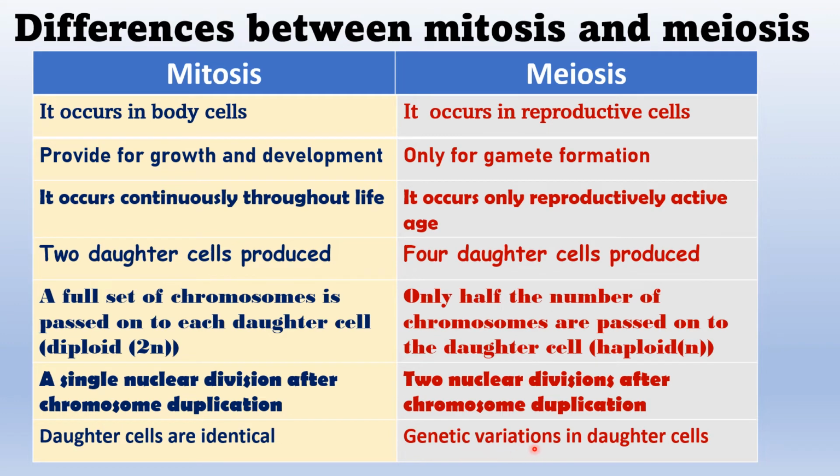That means you know that crossing over occurs during meiosis, then four daughter cells are different from each other. Then genetic variations you can see in daughter cells after meiosis.